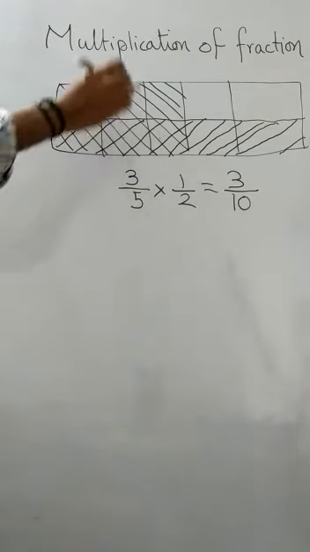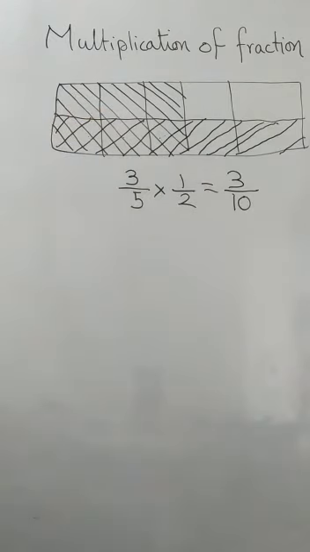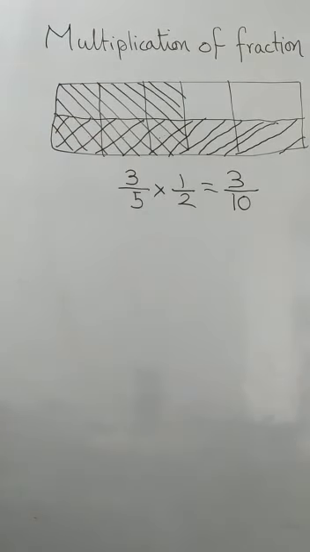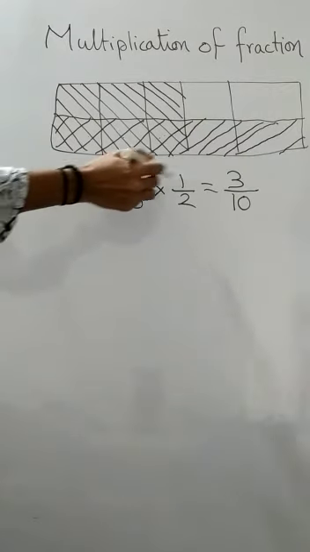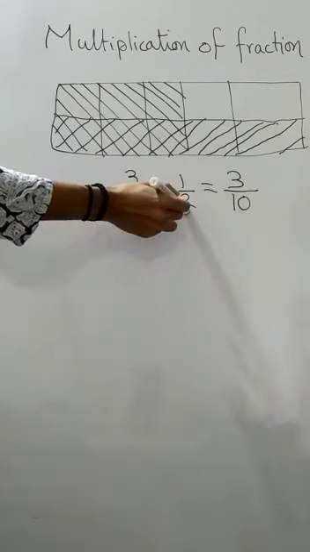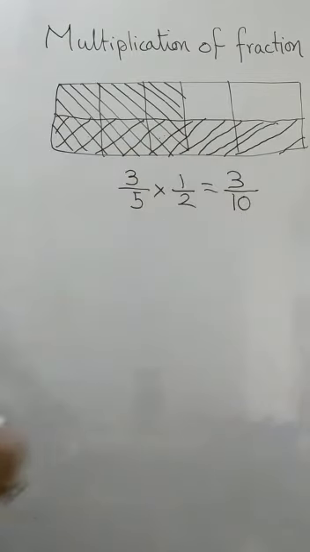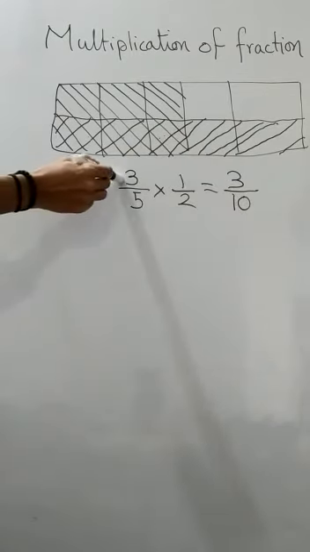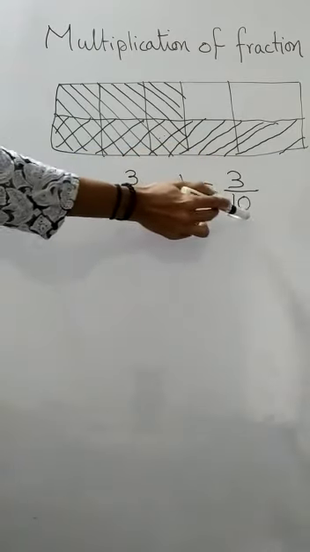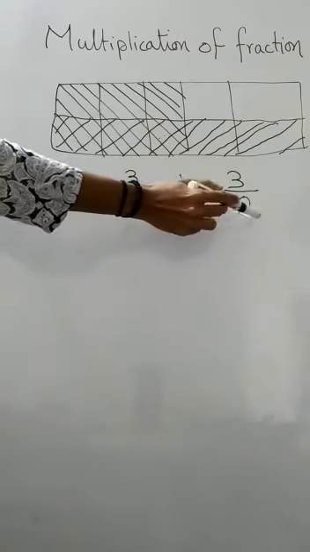Okay. So this is how you show it in the diagram. But in reality, how will you show it? When you multiply 2 fractions, you multiply the numerators and write that as the numerator, and multiply the denominators and write that as the denominator. How? 3 into 1 is 3. And 5 into 2 is 10. Okay. So this is the answer.